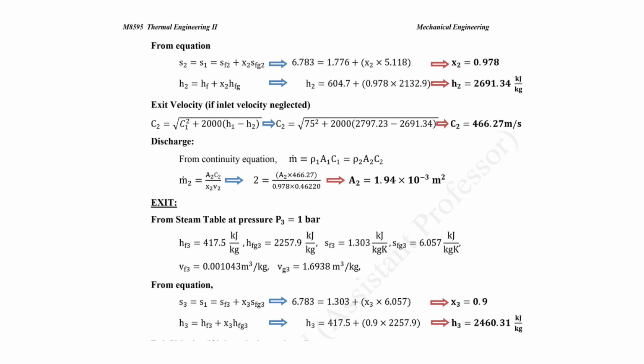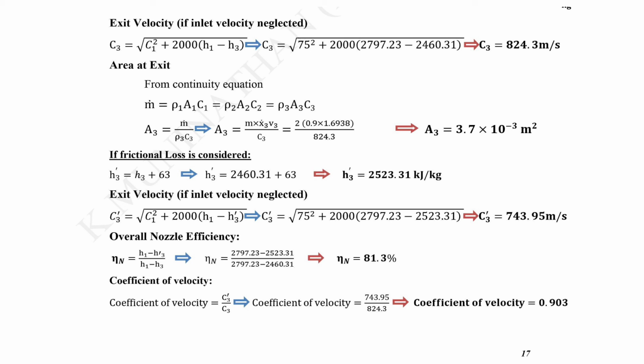From that we can calculate the H3 value. And then the exit velocity, if inlet velocity is neglected, C3 is equal to square root of C1 square plus 2000 into H1 minus H3. Area at exit from the continuity equation, m the mass flow rate is equal to rho1 A1 C1 equal to rho2 A2 C2 equal to rho3 A3 C3. From the relation we can find the A3 value, the remaining values are known.